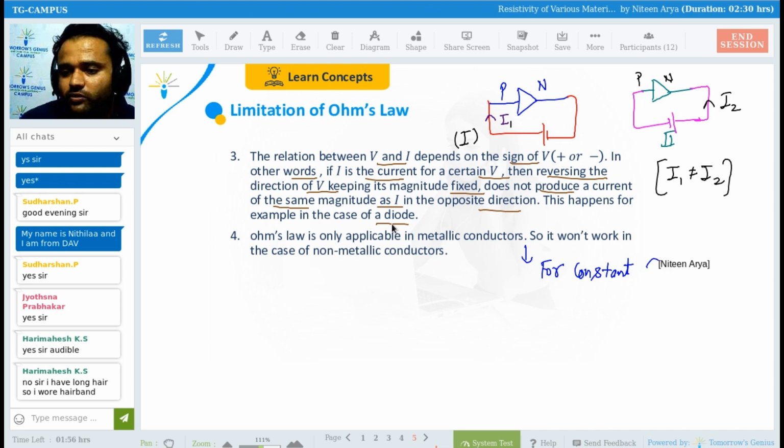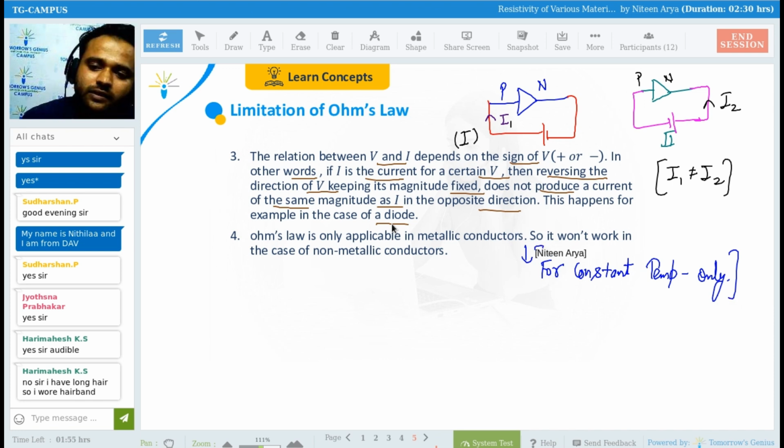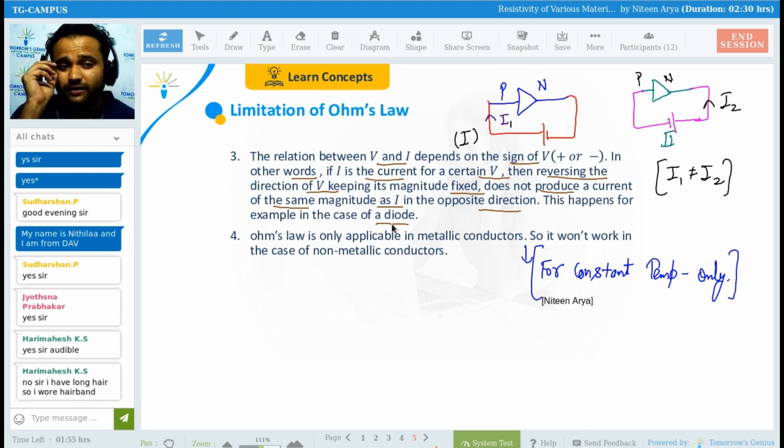Why should I write this, for constant temperature only? Because you are going to see that with the change in temperature, there is a change in resistance as well as a change in resistivity. So when resistance changes with temperature, like when you change the temperature of a room or your surroundings, the resistance is going to change.